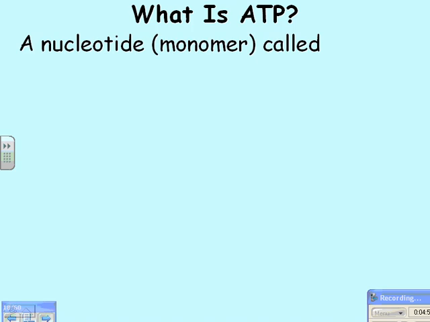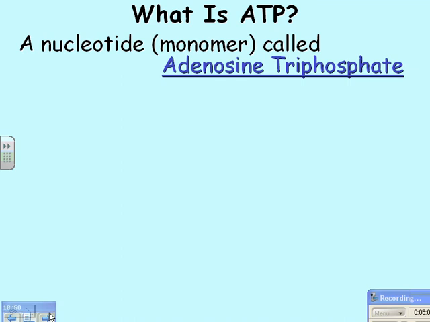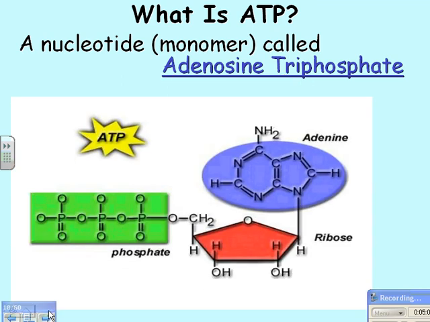So what is ATP? ATP is a nucleotide or a monomer called adenosine triphosphate. And it looks like this again. So again, if you remember, there are carbohydrates, lipids, proteins, and nucleic acids. This is a nucleic acid.